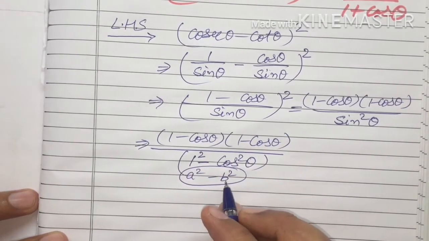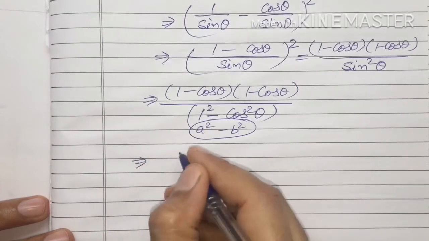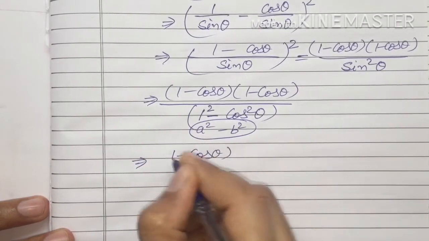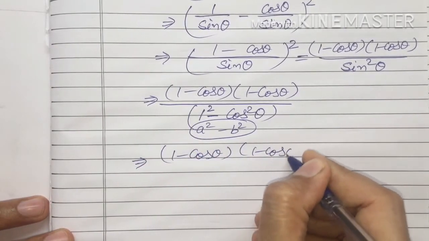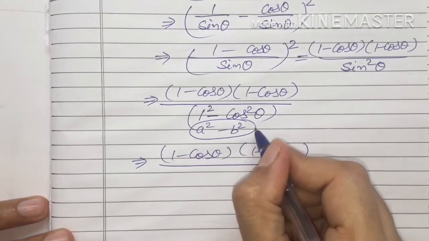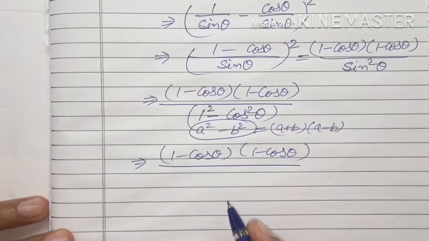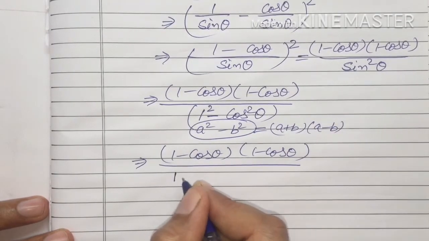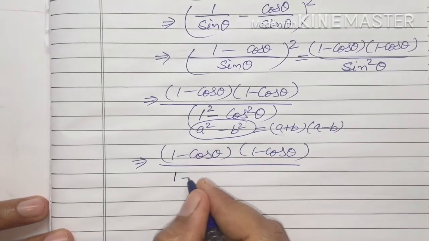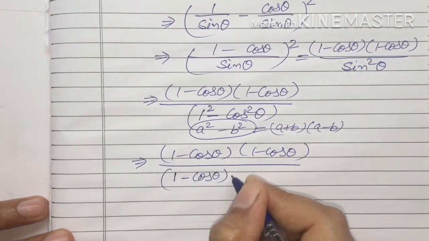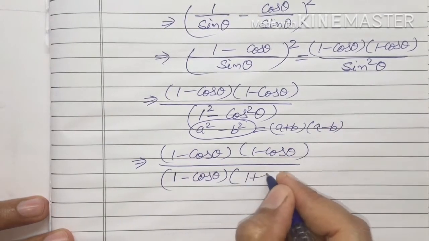We can use the identity in the denominator. So how it will change: the numerator I will write down the same, and in the denominator this identity is equal to a plus b and a minus b. So I can write 1 as a, 1 minus cos theta, and a plus b, 1 plus cos theta.